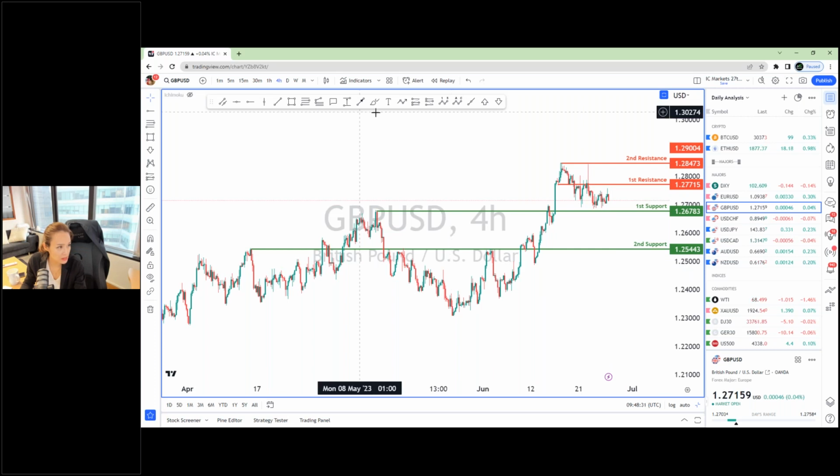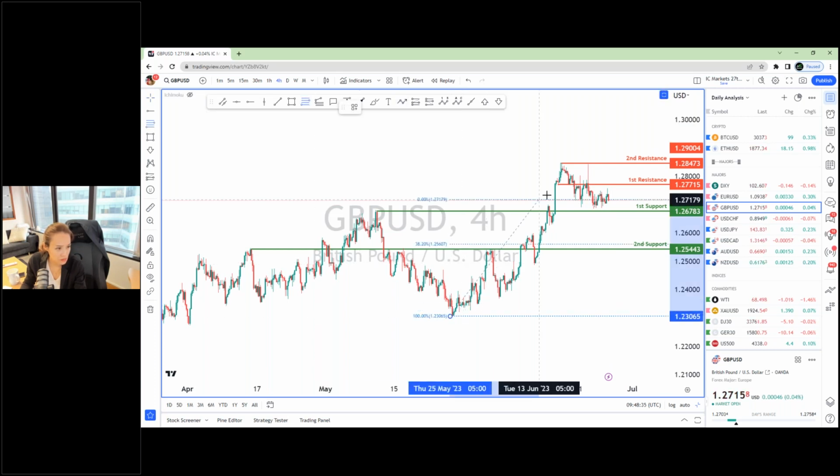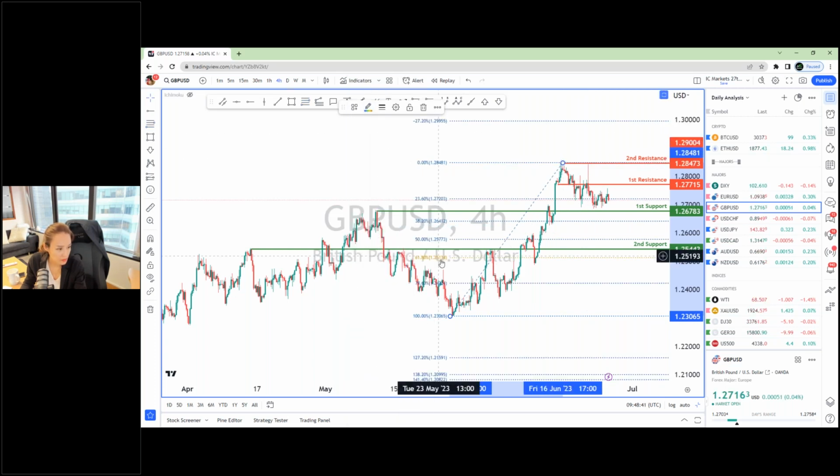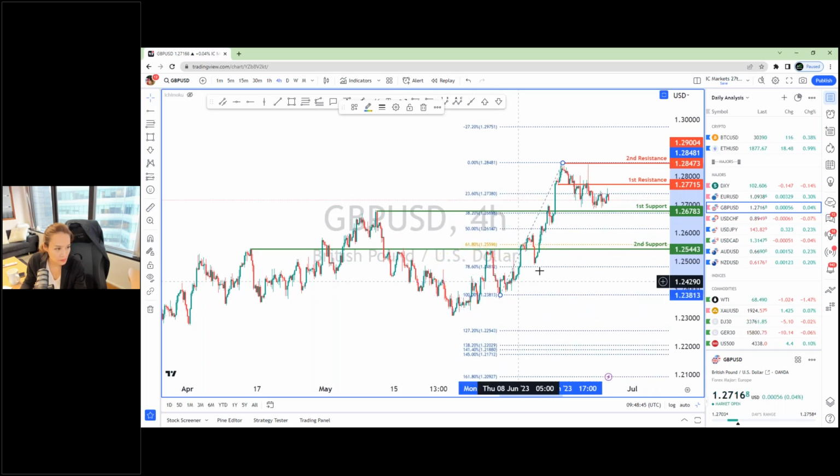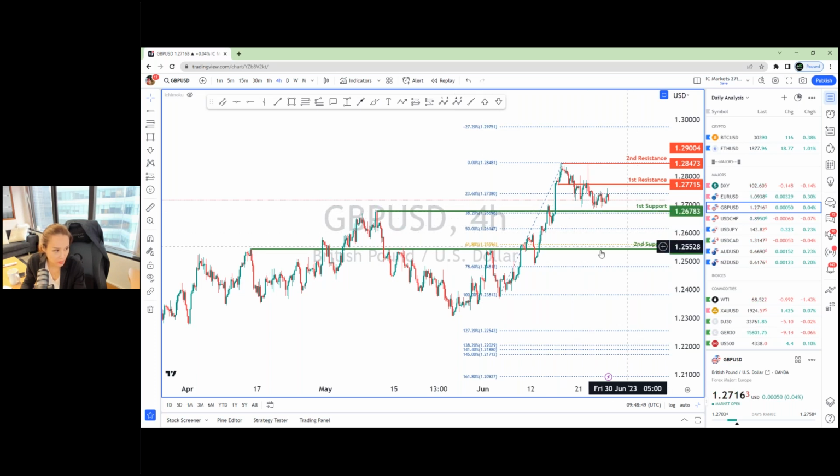Second, I pull retracement from here to here. Okay, and then you can see that your first support and second support line up with 38.2% and 61.8%.